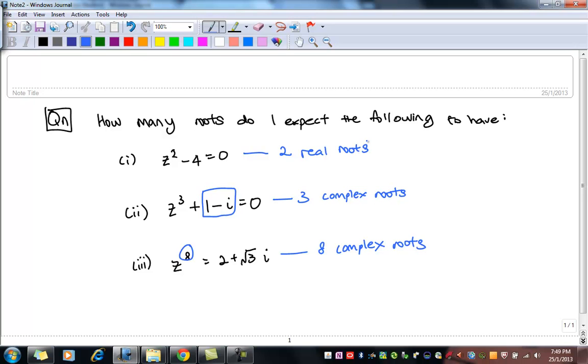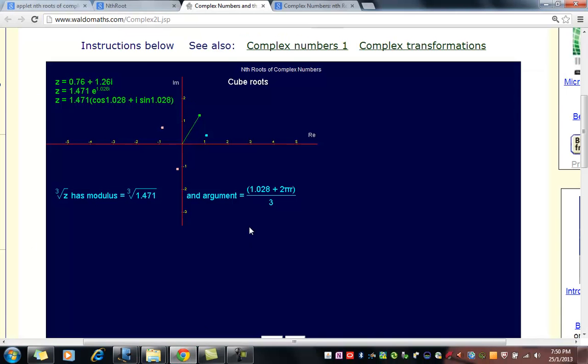Now in general, mathematicians used to wonder, is there any pattern to the way the roots are distributed? Perhaps there is something that can be observed. So let's take a look at this applet over here. Now suppose I have this complex number z and I can move it anywhere along the Argand plane. And I want to see the position of its roots.